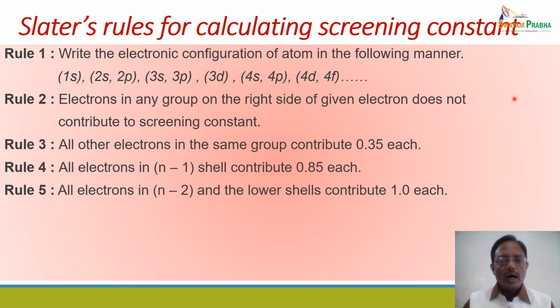Fifthly, all electrons in n-2 and lower shells will contribute 1 each. So their contribution will be unity.